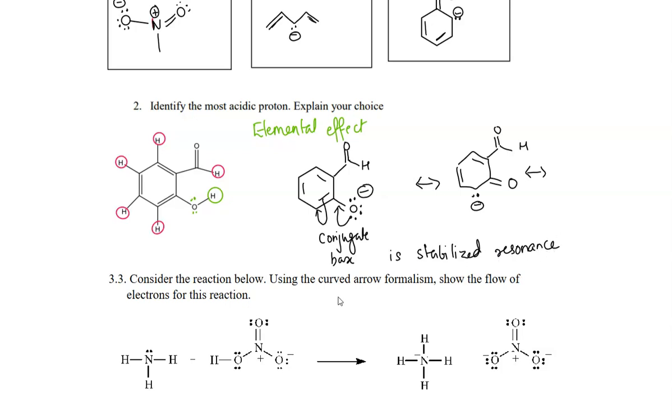Anytime a molecule or an ion can exhibit resonance, that gives it more stability; it's in a lower energy state. So the parent molecule is slightly higher in energy than its conjugate base, and it has all the tendency to give off this proton circled in green to form a conjugate base, as shown on the right side, which is further stabilized by resonance.